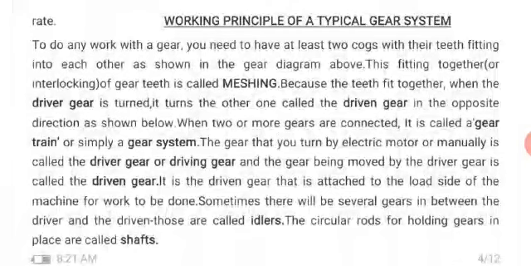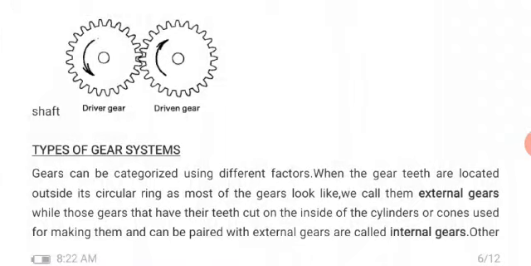Because the teeth fit together, when the driver gear is turned, it turns the other one called the driven gear in the opposite direction as shown below. You can see it in the diagram.